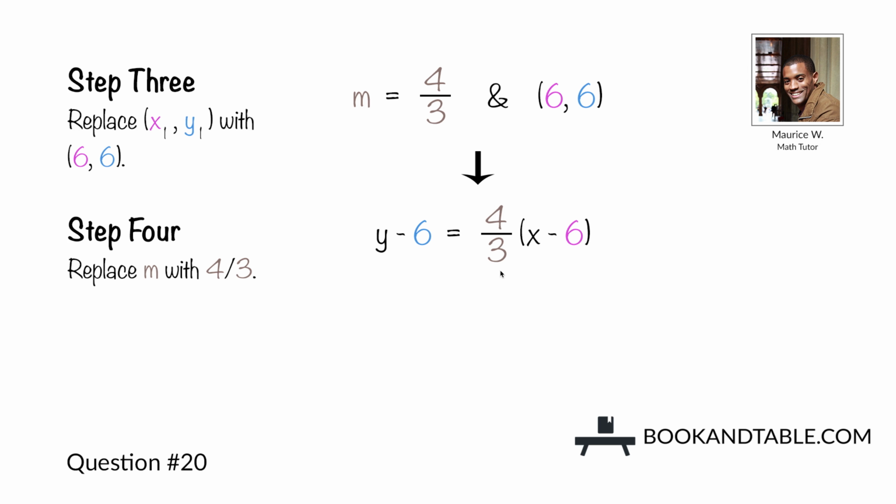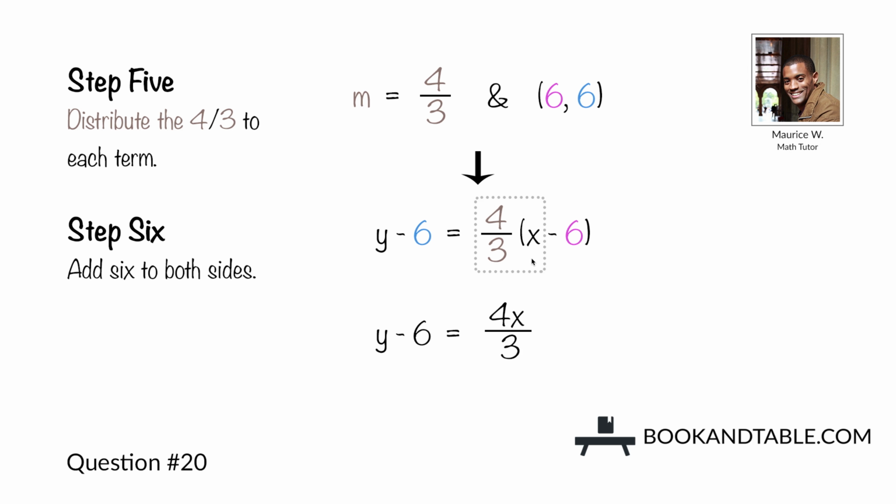So step 5, distribute this 4/3 to the x and the negative 6. 4 times x will give you 4x over 3. 4 times negative 6 will be negative 24 over 3. Negative 24 over 3 is negative 8. So you wind up with y minus 6 is equal to 4x over 3 minus 8.